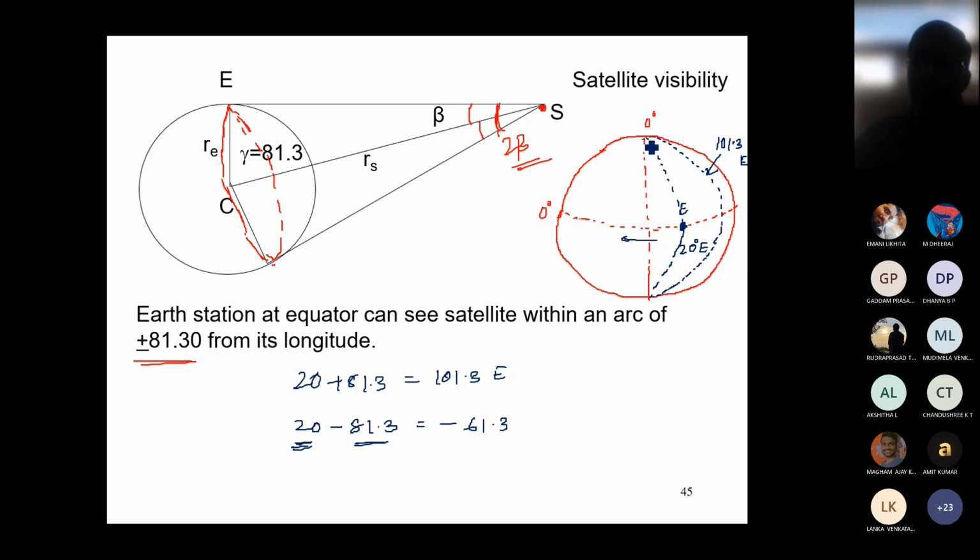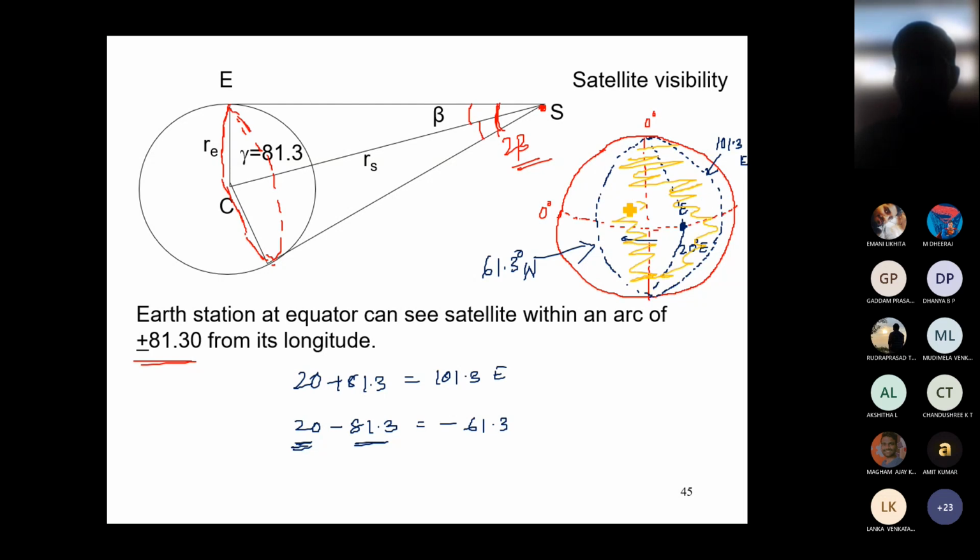Suppose this line, or this longitude, is 61.3. So what shall I write? It is west. It is not east, because it is the westward direction. So how much portion can the satellite see?